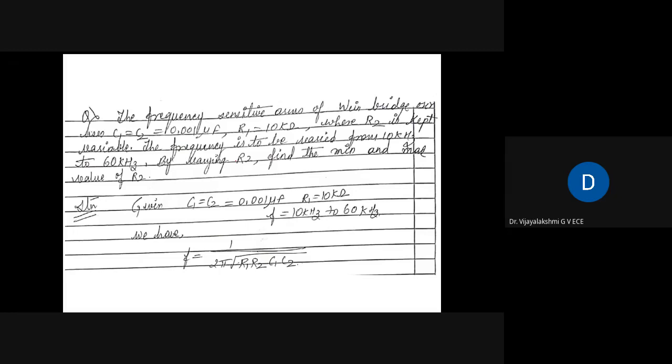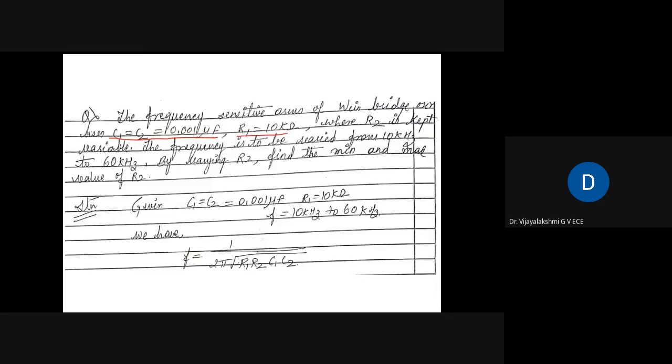Here it is. The frequency sensitive arms of a Wien bridge oscillator use C1 and C2; the value of C1 and C2 is 0.001 microfarad. R1 is 10K, while R2 is kept variable.